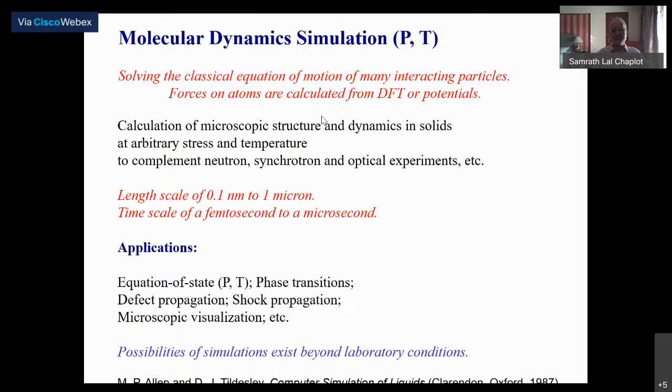On the other hand, if we derive the forces using any of the ab initio methods, density functional theory or quantum mechanics, and solve the classical equations of motion, that technique is called ab initio molecular dynamics. So the term ab initio molecular dynamics is used when we solve classical equations of motion using ab initio force calculations. Okay. So far, this is just for the terminology.